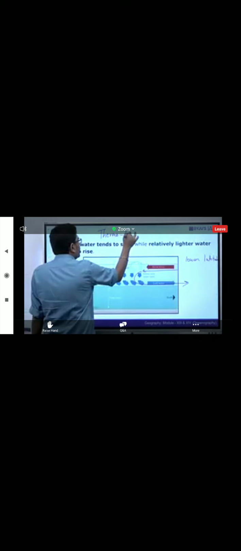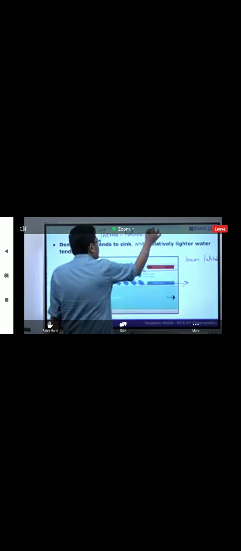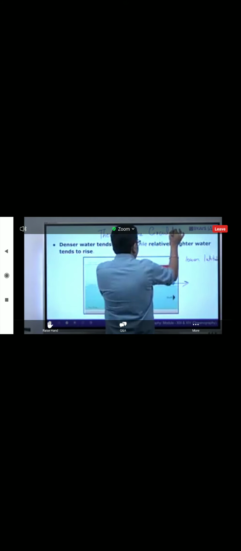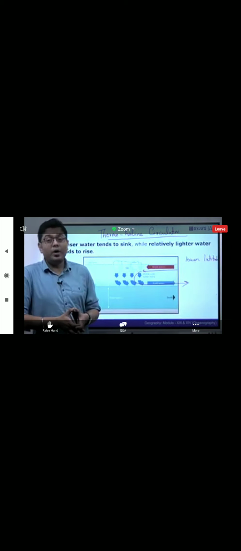thermohaline circulation. This circulation is what is referred to as a thermohaline circulation. Okay, a circulation which is a resultant of temperature and salinity change, because both of them end up controlling the density.